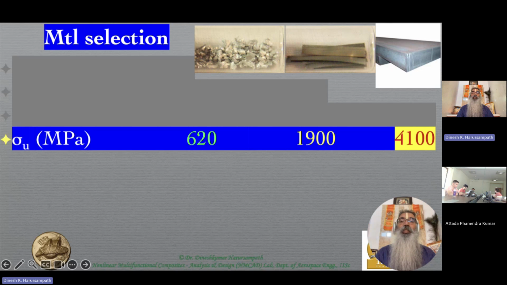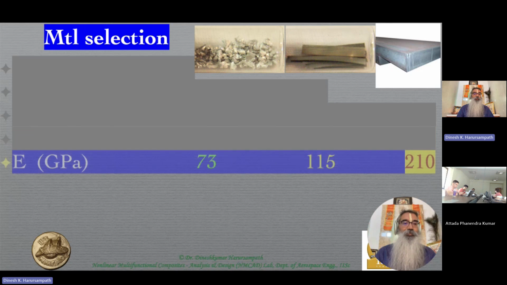So obviously there should be something in favor of these two, aluminum and titanium, which, in spite of such a huge performance of steel, is why we continue to use them. And that's what we are heading towards. Obviously, you know the answer to that, but let's go about it in a more systematic manner.